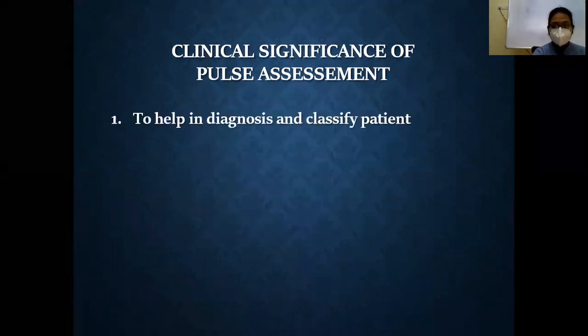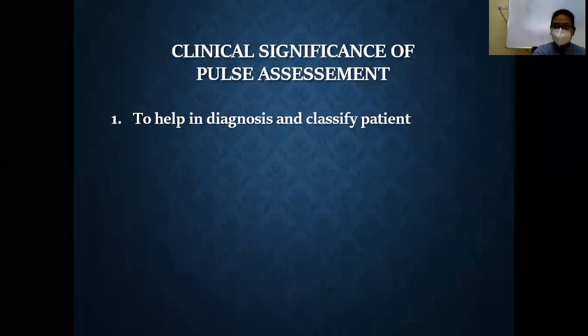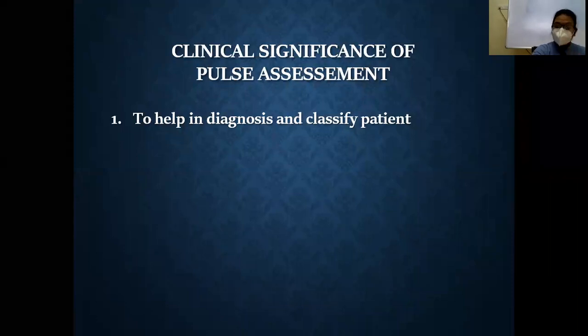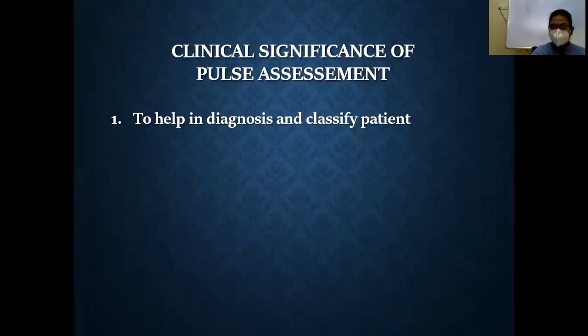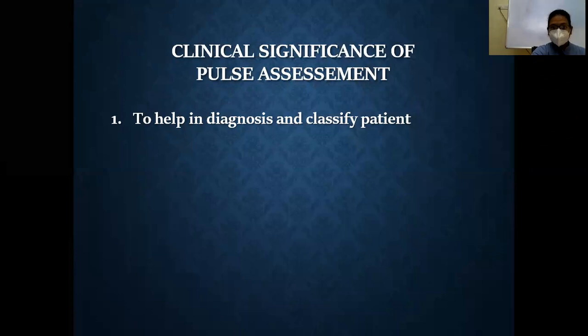First, it helps in diagnosis as well as classifying the patient, whether the hemodynamics of the patient is stable or not. If the pulse is of good volume, normal rate, fine, we still have time, no problem. But if the pulse is weak, if the patient is having tachycardia, a slow, feeble pulse, then it is of course an emergency situation where you have to diagnose and give first aid or the emergency management drugs.